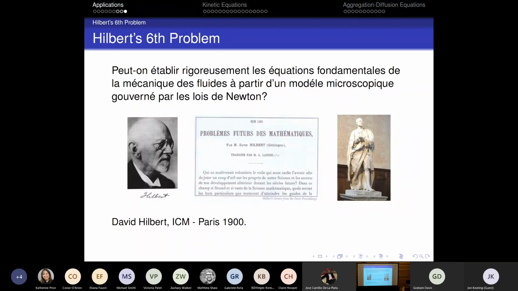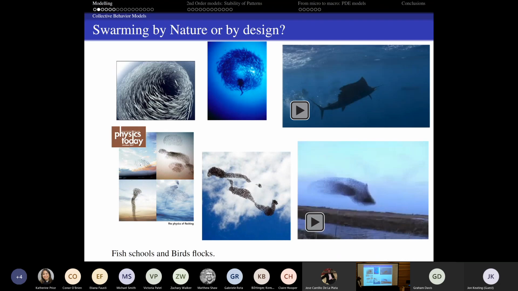If you just think that the air in this room is full of 10 to the 23, Avogadro number times I don't know how many more, and then you are following each of the molecules with Newton's law. How can I get the fluid equations out of the Newton's law of each of the molecules in this room? So that's the kind of question he posed, but this is very much a question that you can apply to many other fields. So this is always fun.